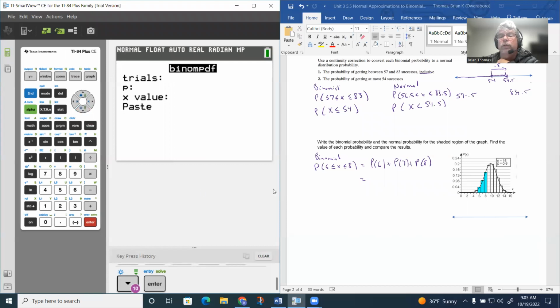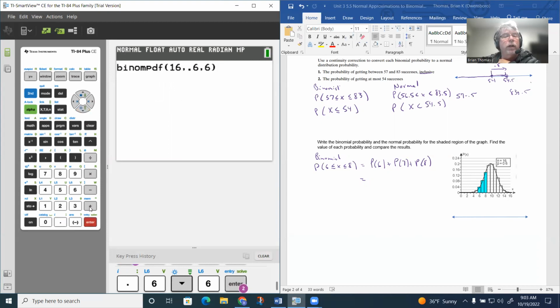So the number of trials was the 16, and then p was 0.6, and the x value is this. We're going to do the probability of 6, so we're using 6 there. Hit enter again. Then we're going to add to that the probability of the 7 one.